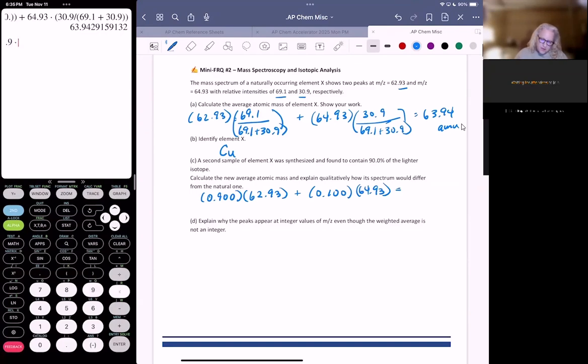So 0.9 times 62.93 plus 0.1 times 64.93 gives me 63.13 AMU.